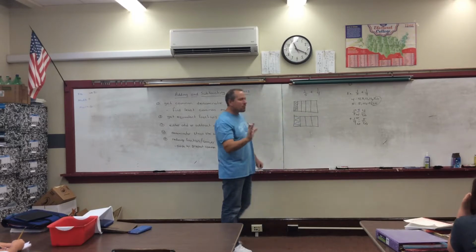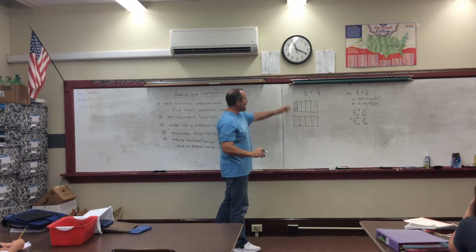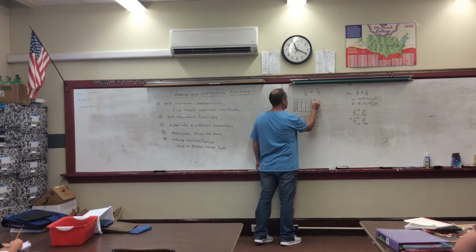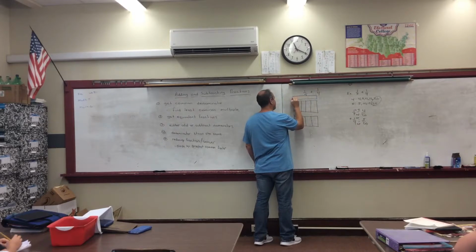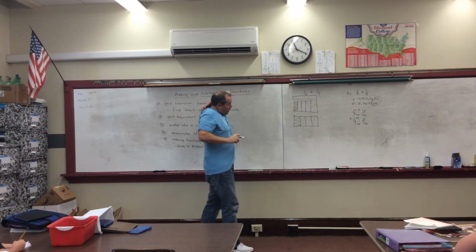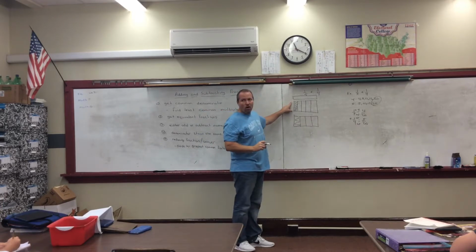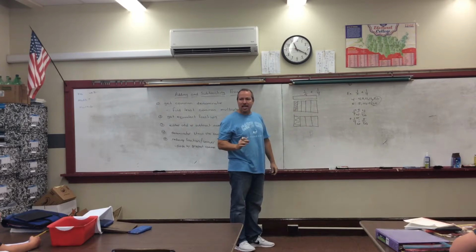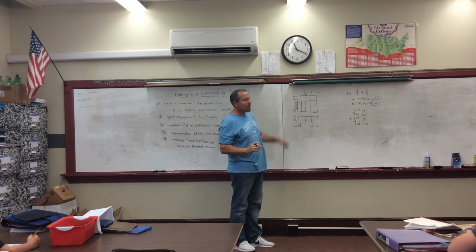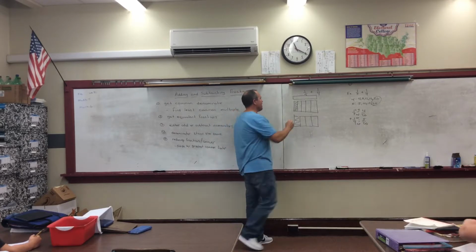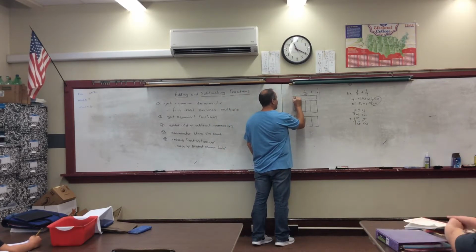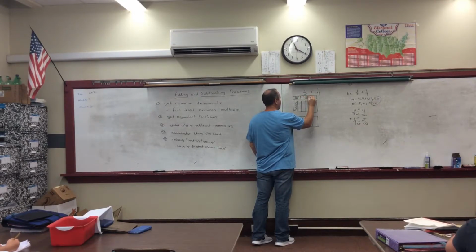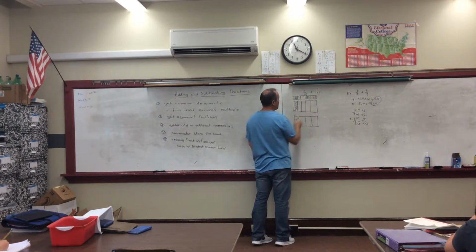Now, let's prove that. Let's go back to our example here. Here's our whole one. In this example, we broke it into 5 sections. Now we're going to break it into 20 sections. 1, 2, 3, up to 20.